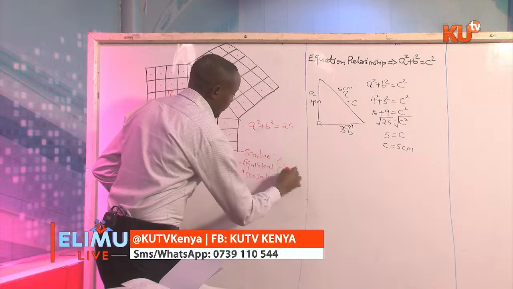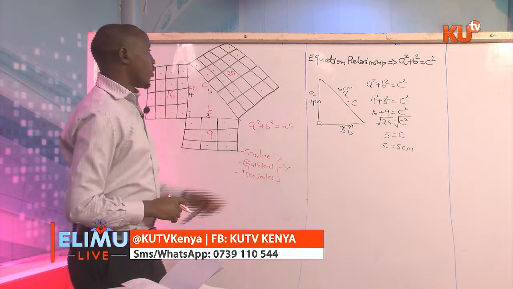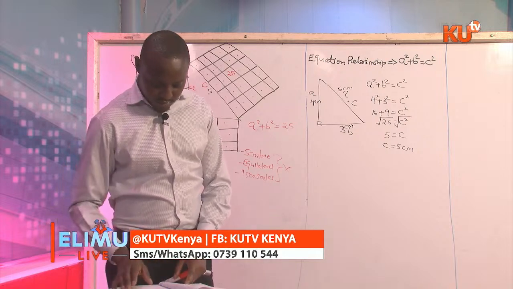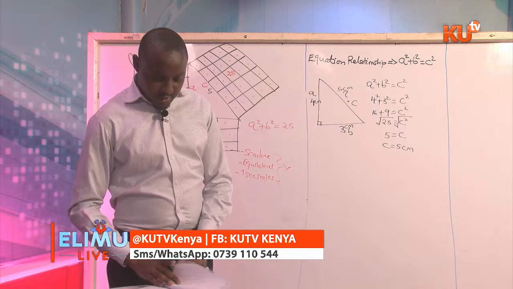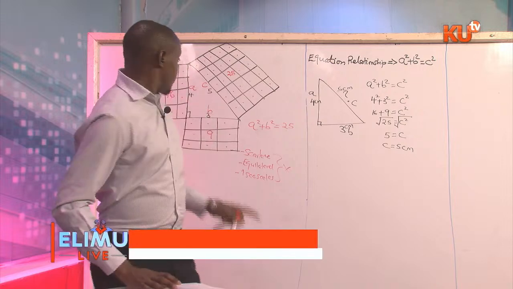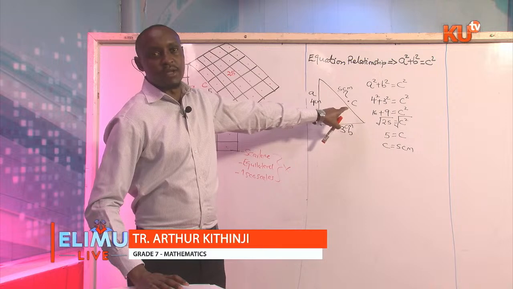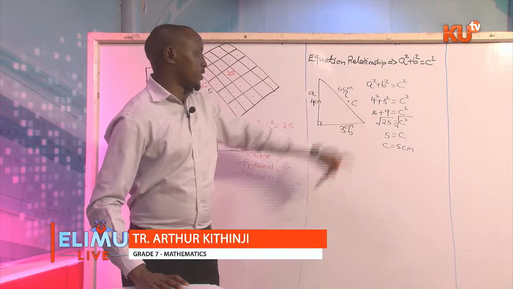This does not apply in these. It only applies on a right-angled triangle. That is the visual explanation of the Pythagorean relationship and the equation that holds.